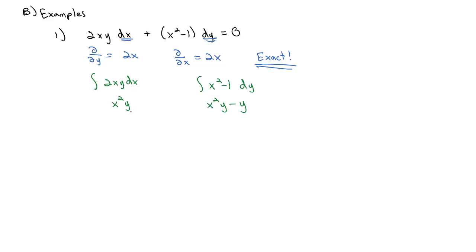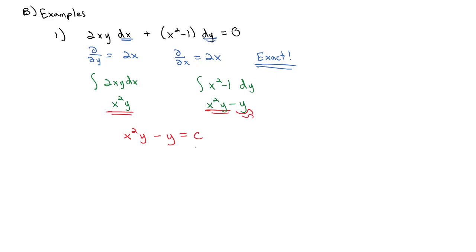In other words, we've got an x squared y which is already accounted for over here. We do not list it twice, only once for each term. But then we've also got this minus y. And we set that equal to our constant to get our solution for the differential equation.